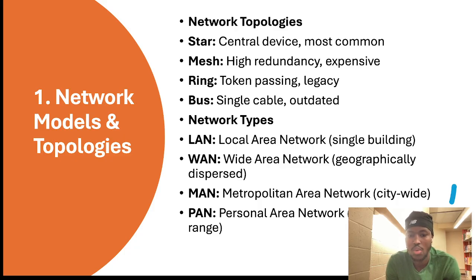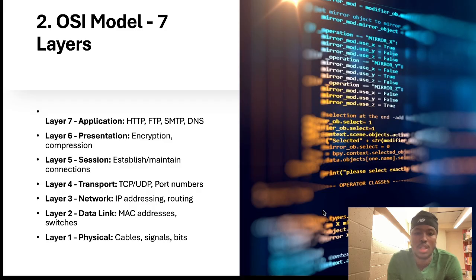So it's citywide, for those small cities that have a lot of businesses and industries. That's what metropolitan means, which is MAN. And the PAN is a personal area network, which is very small. It's a Bluetooth range, Wi-Fi range, very small for personal uses.